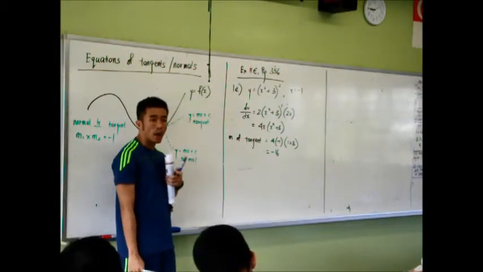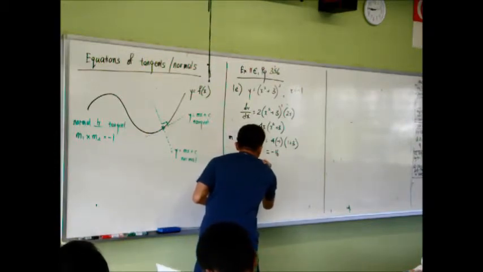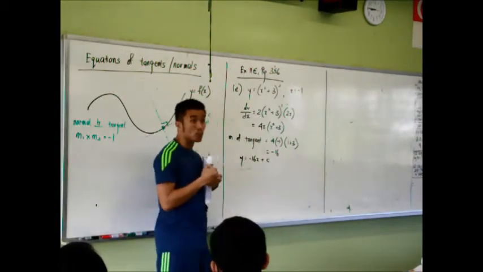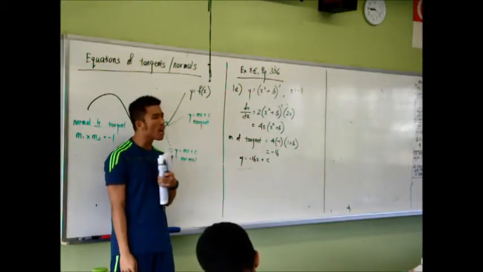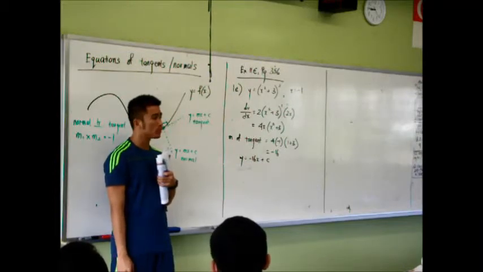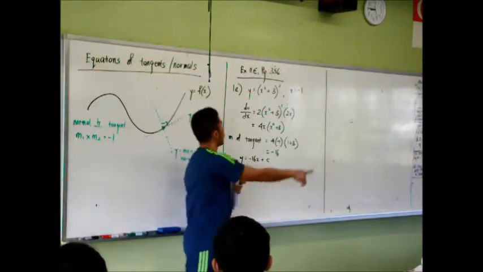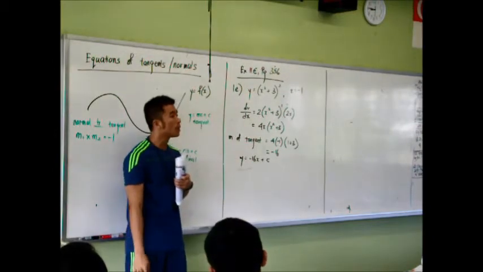So now, y is equal to -16x plus c. We need to substitute a point inside. Am I right to say that? Do you have a point? No, we only have a value of x. But I don't have a point to substitute inside.